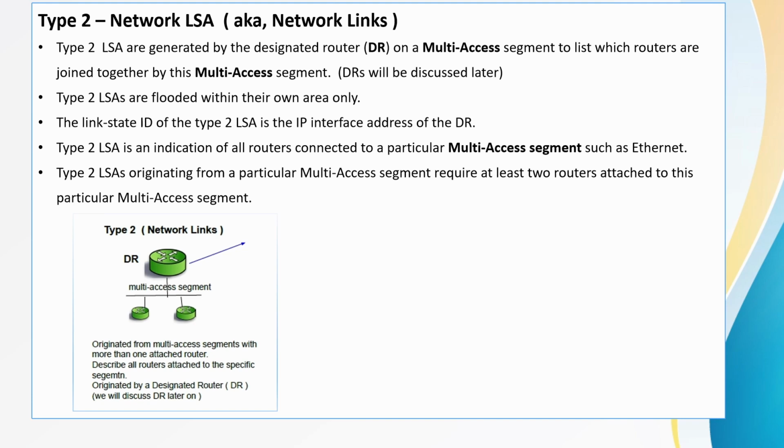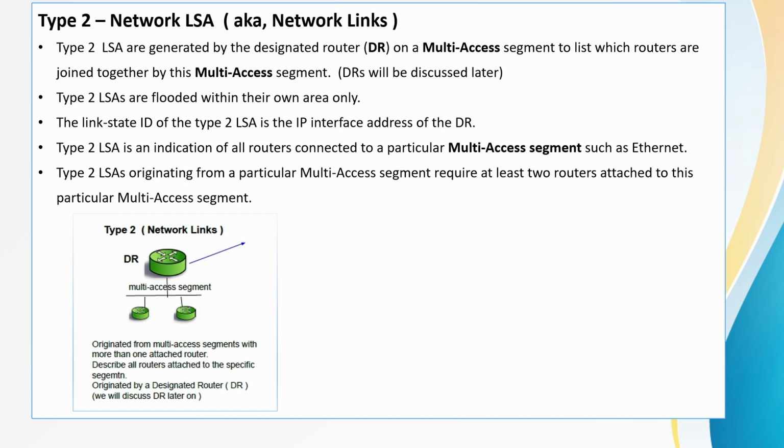Type 2 LSAs are flooded within their own area only, same scope as type 1. The link state ID of the type 2 LSA is the IP interface address of the DR, which is attached to that multi-access segment.